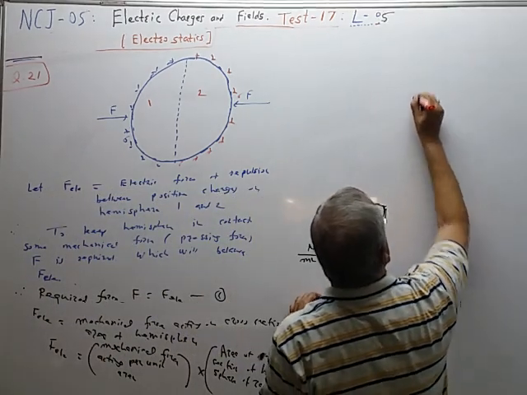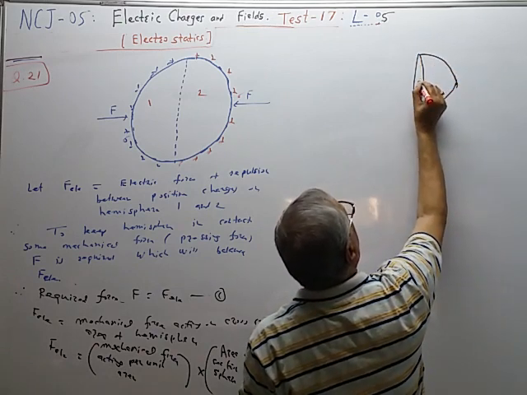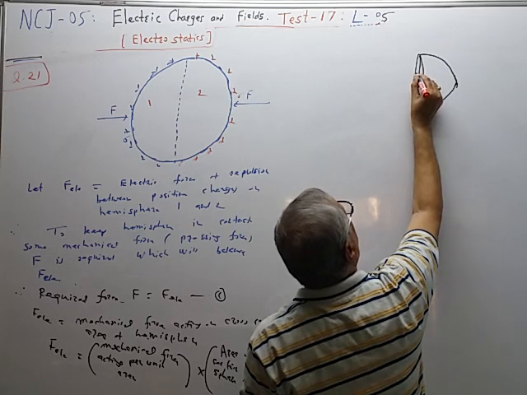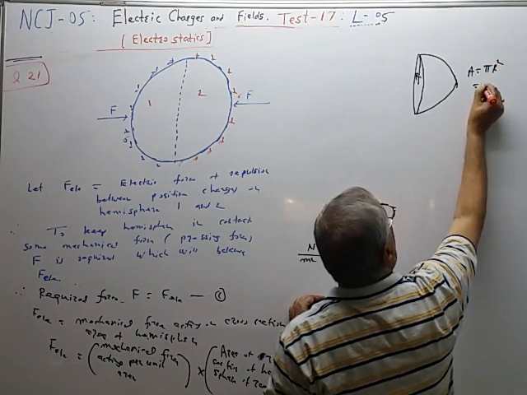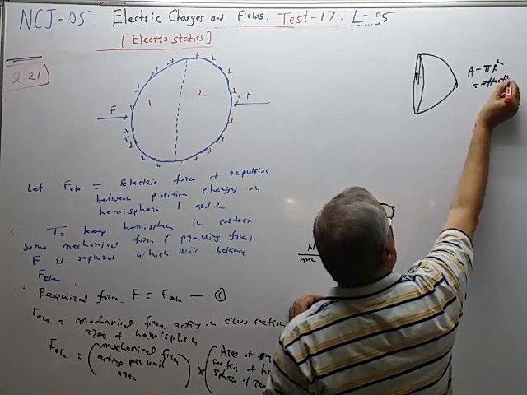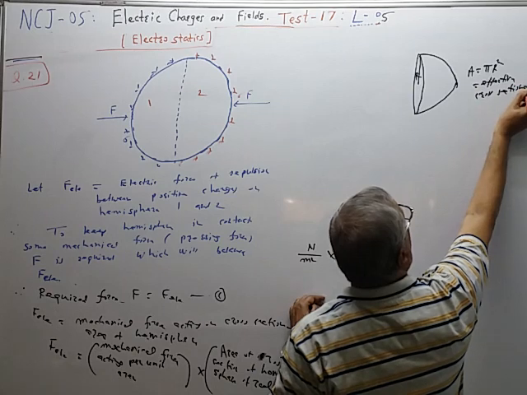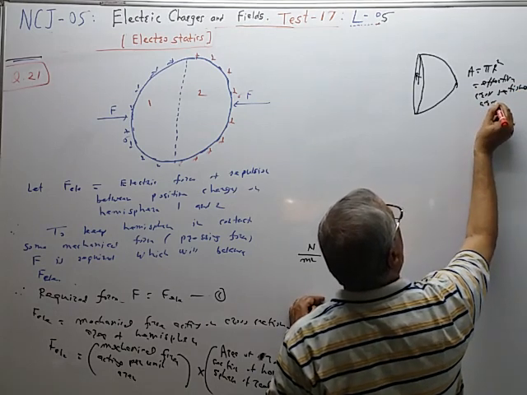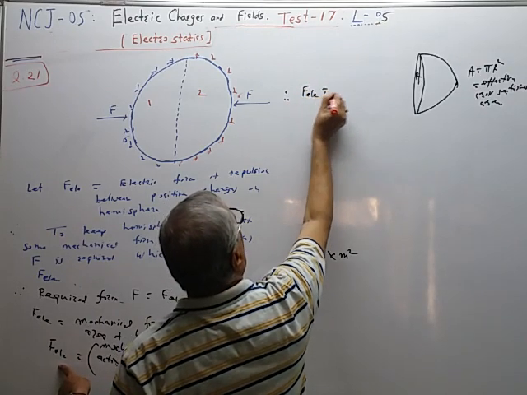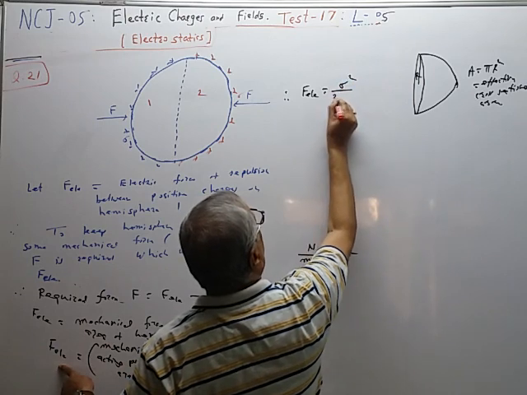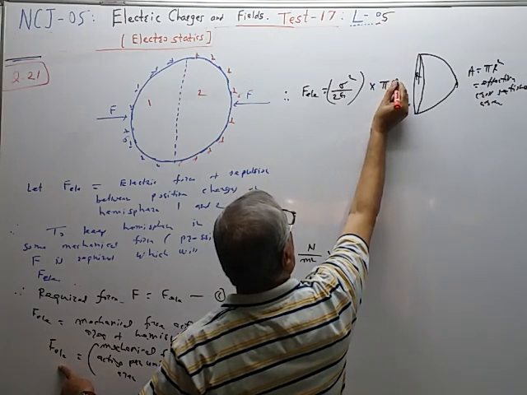Therefore, if this is the hemisphere, then if this is the radius r, then A is equal to pi r square is equal to effective cross sectional area, therefore F electric is equal to sigma square upon 2 epsilon naught mechanical force per unit area multiplied by pi r square.